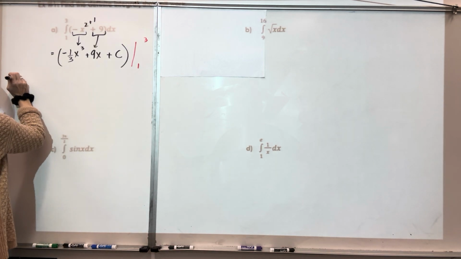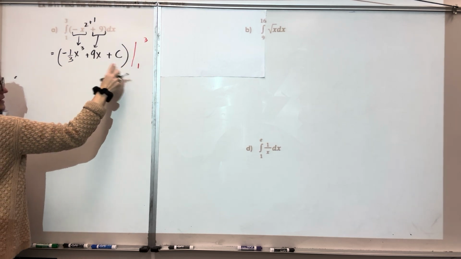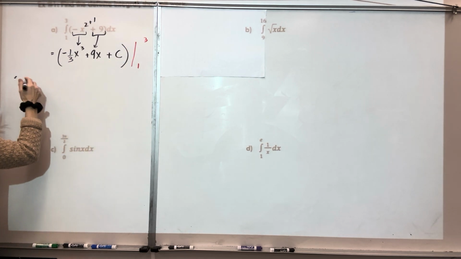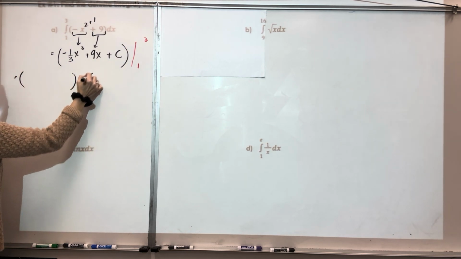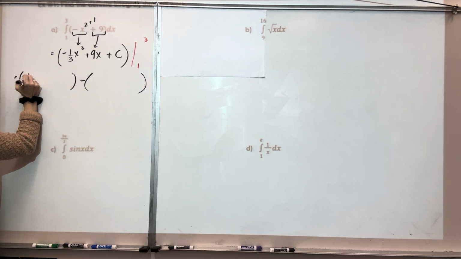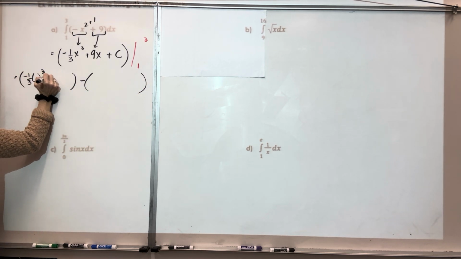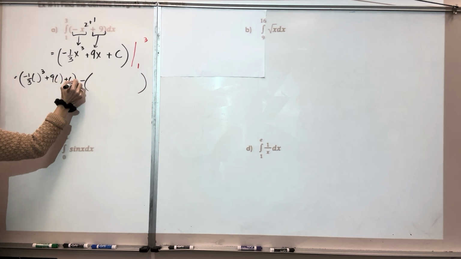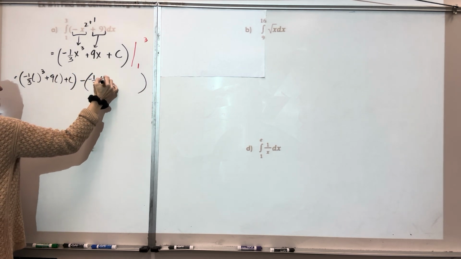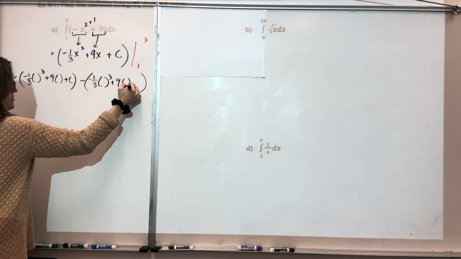And then the work from here is just to plug that 3 in everywhere you see the x, minus plugging in the 1 everywhere you see the x. So plugging in the 3 minus plugging in the 1. So negative 1/3 stuff cubed plus 9 times stuff plus c, and negative 1/3 stuff cubed plus 9 times stuff plus c.